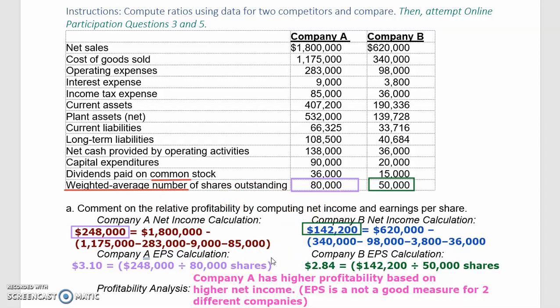So our earnings per share for Company A is $3.10, and our earnings per share for Company B is $2.84. So Company A has higher profitability based on a higher net income. One of the things that's important to note is that earnings per share is not a good measure for 2 different companies because the average number of shares may vary significantly from company to company.